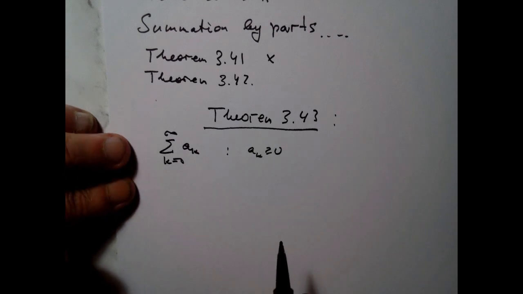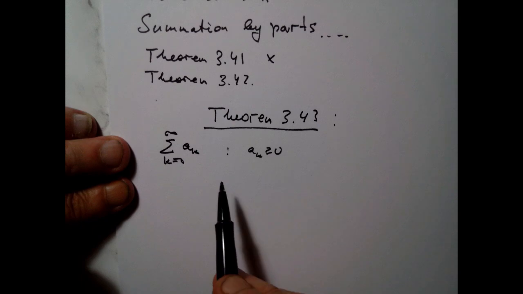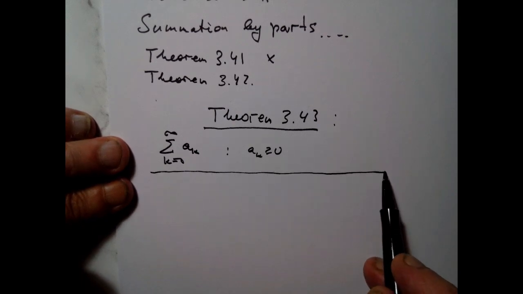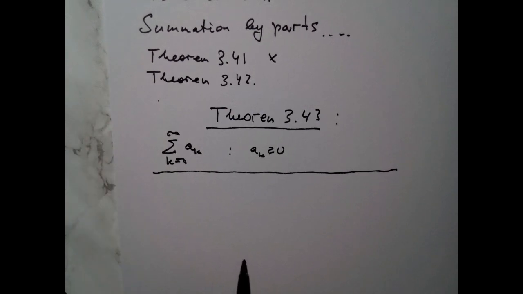So what theorem 3.43 deals with is the case when the terms of the series are not necessarily positive. And before I go on, let me just explain something to you. For instance, if the terms are not necessarily positive, many of the results that we studied before may not apply.